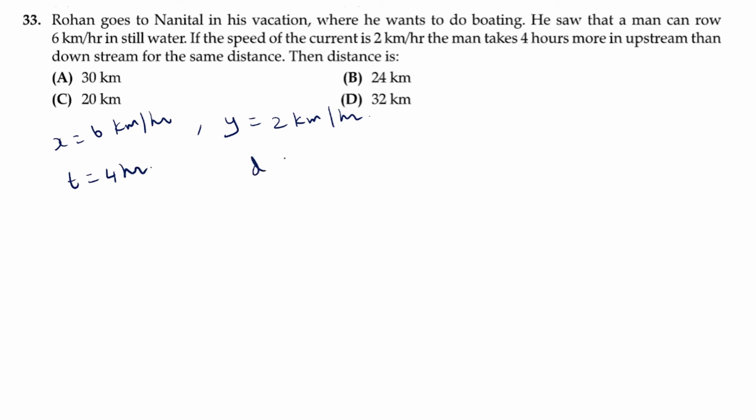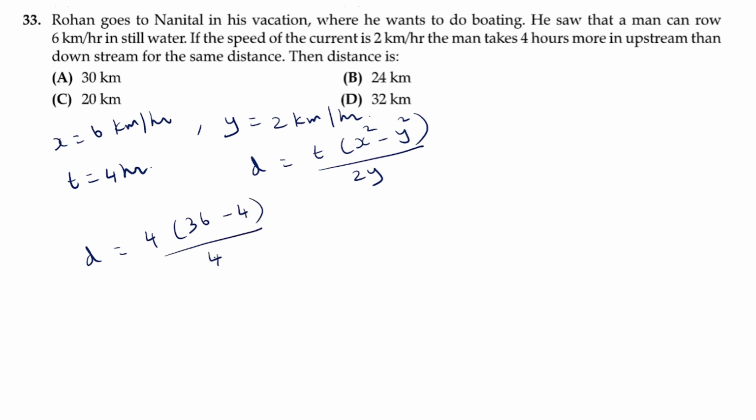So the distance we know can be calculated as t into (x square minus y square) upon 2y. So this is how we can find the distance. So d is equal to 4 into (36 minus 4) upon 4. So this is equal to 32 km. So the correct option is option D.